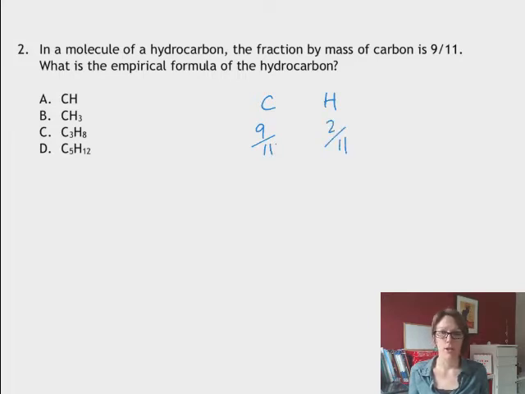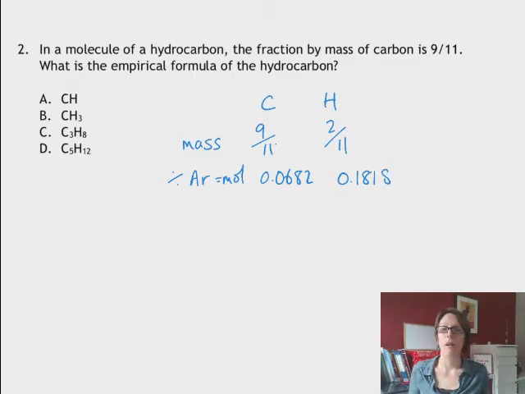We're only looking for a ratio, so it really doesn't matter what these numbers are expressed as, fractions, percentages, or whole masses. So I'm going to take those numbers, and they are essentially my mass. So to get mass into moles, I divide by the atomic mass, so I can get a ratio in terms of numbers of moles. And I get 0.0682 for carbon and 0.1818 for hydrogen.